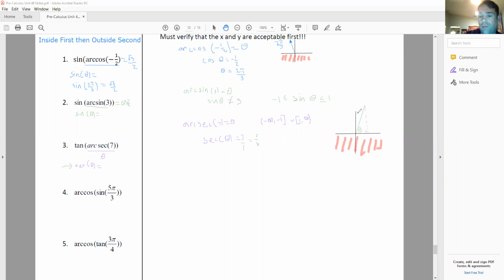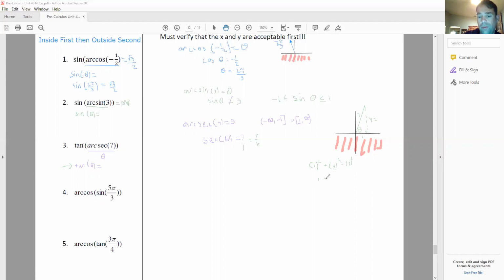So I have 7 for my radius. I have 1 for my x value. Friends, I got to figure out my y value. So back to the Pythagorean Theorem again. So 1 squared plus y squared equals 7 squared.